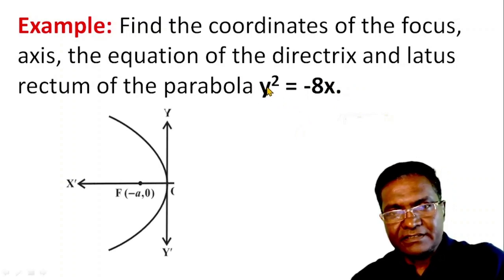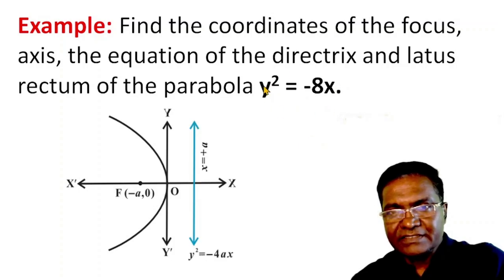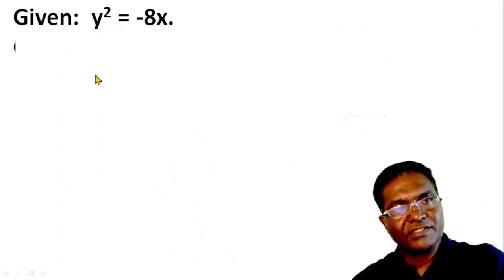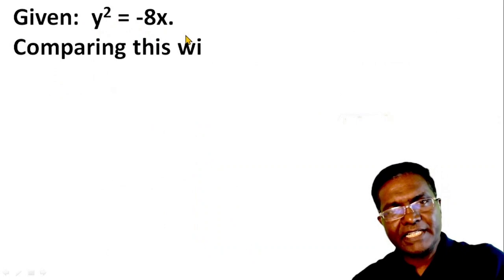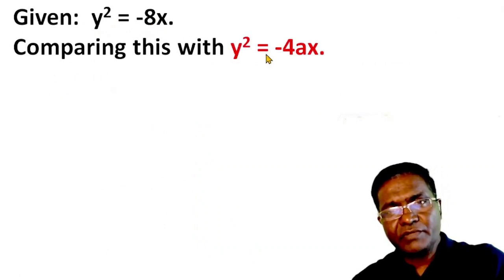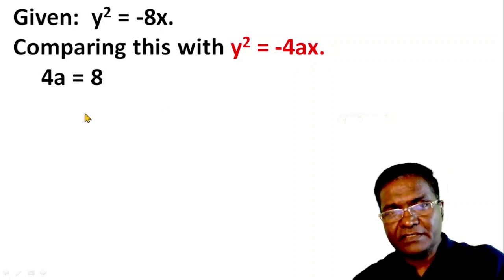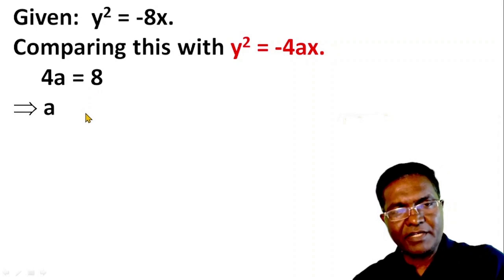You will get the nature of this, bending towards negative x-axis because coefficient of x is negative. So you need to compare that equation with y square equal to minus 4ax. Comparing, 4a is equal to 8. So a is 8 by 4, that is 2.